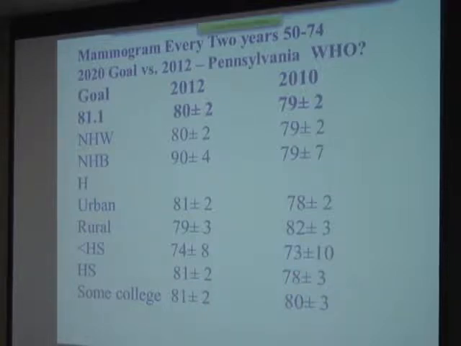And again, you need multiple pieces of data to make decisions. But as I teach my students, whenever you look at a table, you always look for, is everything moving in the same direction, or is something moving backwards? So here we go from 79 to 80. All right, that's the goal itself towards 81. So we're moving in the right direction for that United States Preventive Services Task Force goal.